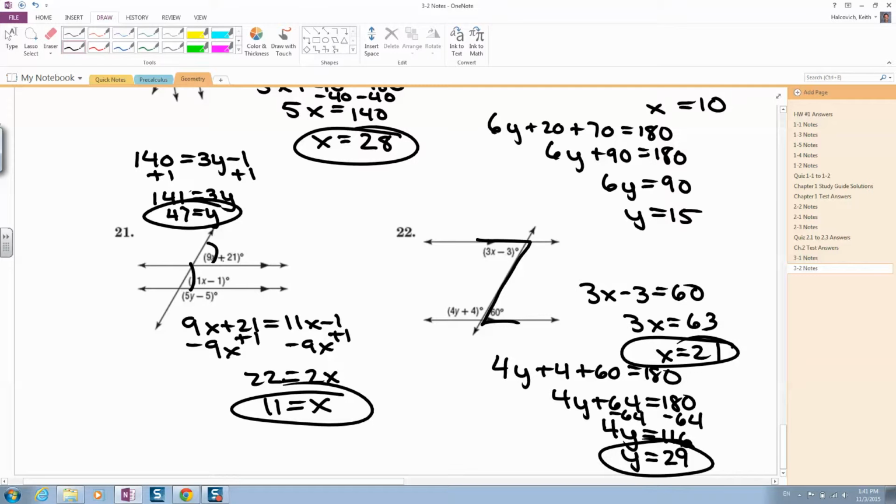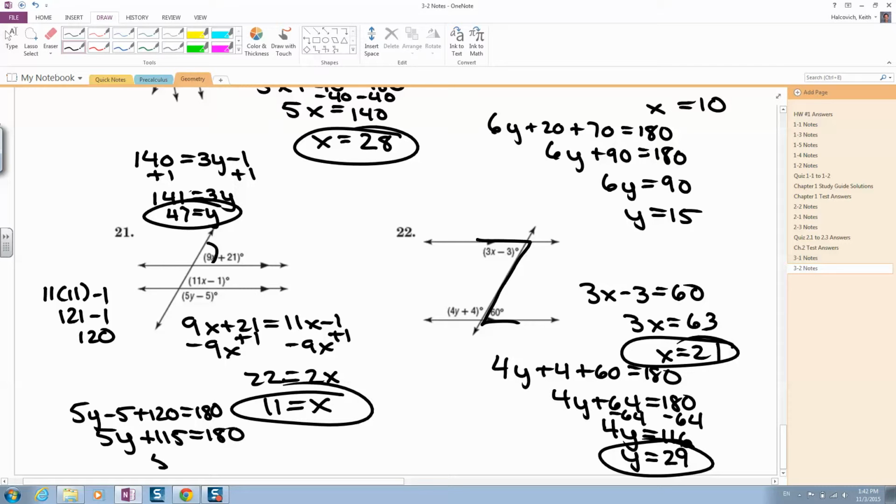And then when I put the 11 back in, so 11 times 11 is 121, minus 1 is 120. So 5y minus 5 plus 120 equals 180. So 5y plus 115 equals 180. 5y equals 65.